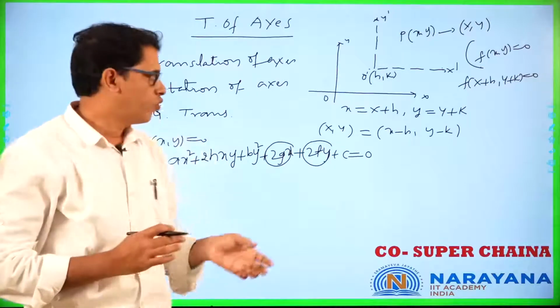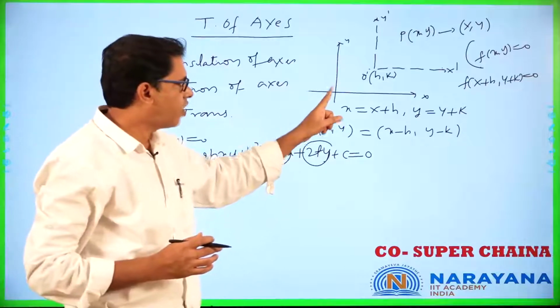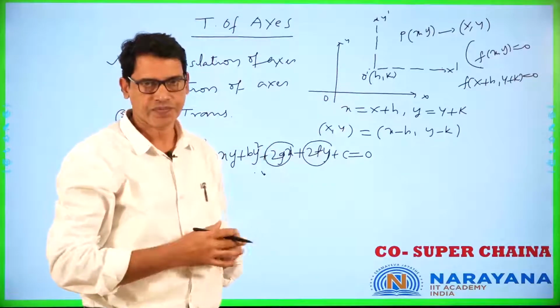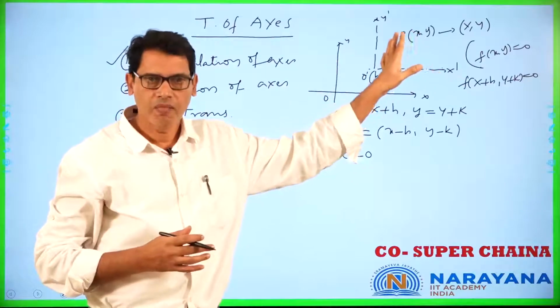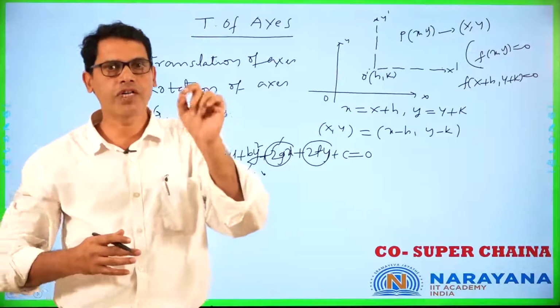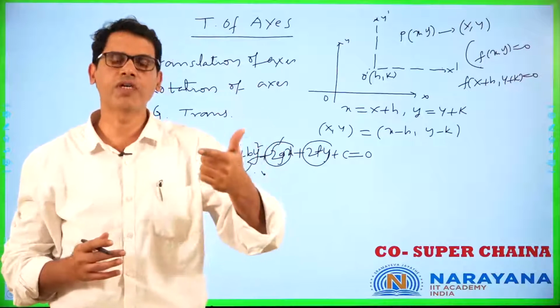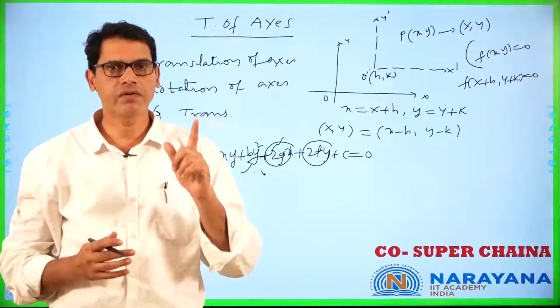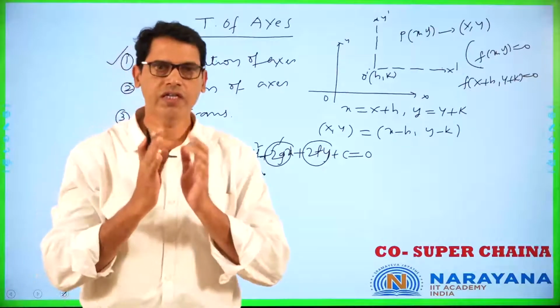To eliminate the x and y terms, we need to translate the origin to a particular point among the infinite points. If we translate the origin to that particular point, the first degree terms get eliminated.